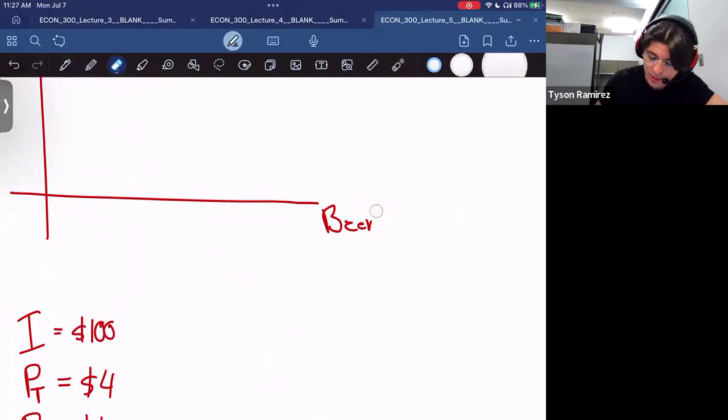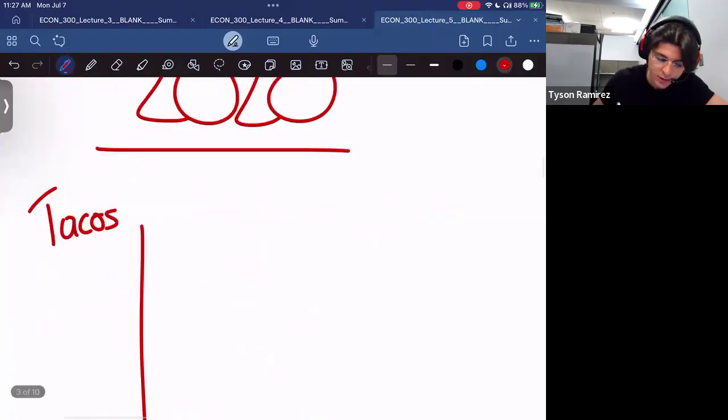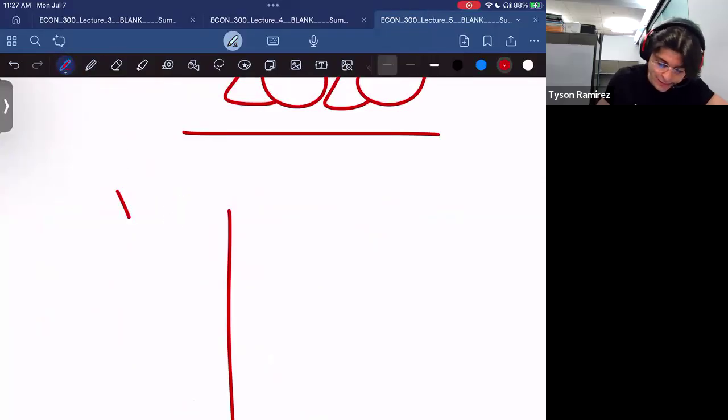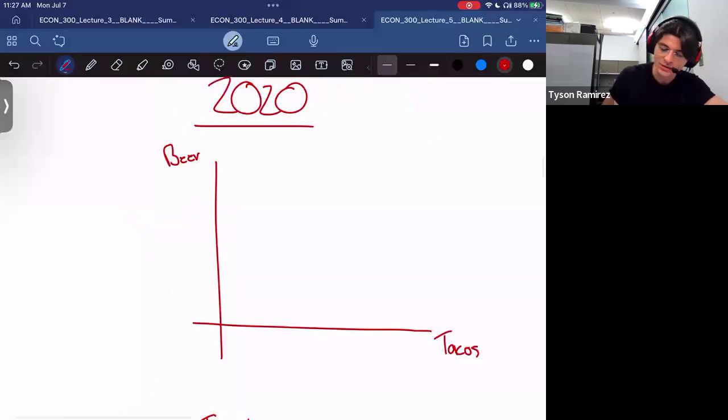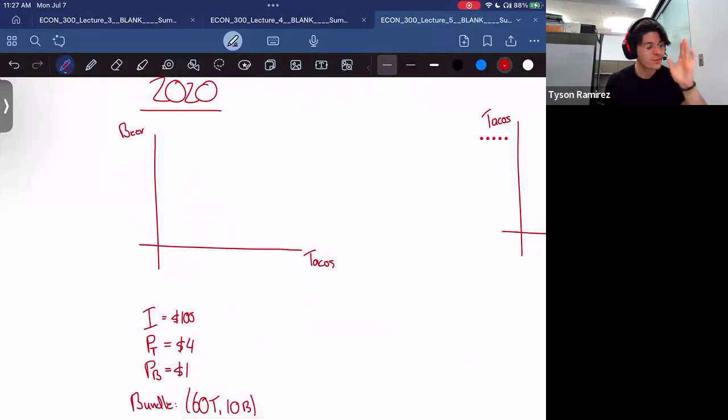Let me flip the labels on these axes. We want tacos on the x-axis, and then let's do beers on the y-axis. All right, great. Very academic example that I love to work on. Clearly the Texan is showing through. Okay, so what would the budget line look like here?